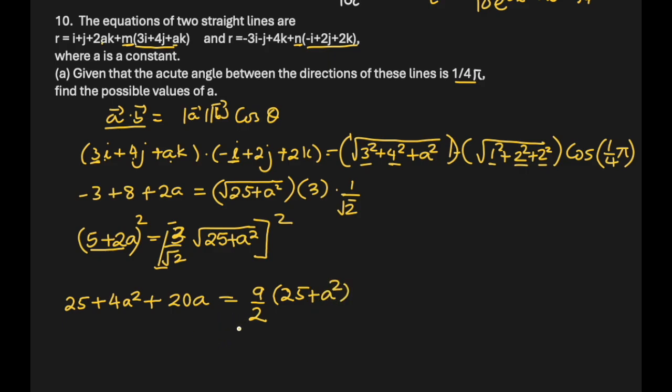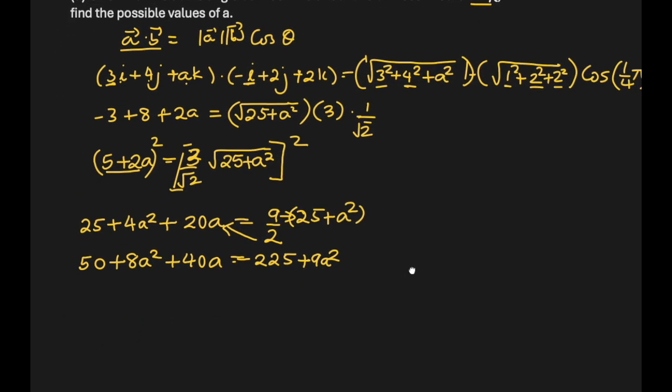Okay, so let's multiply this 2 here and 9 with this one. So 2 multiplied with 25 gives me 50 plus 8a square plus 40a equal to 225 plus 9a square.